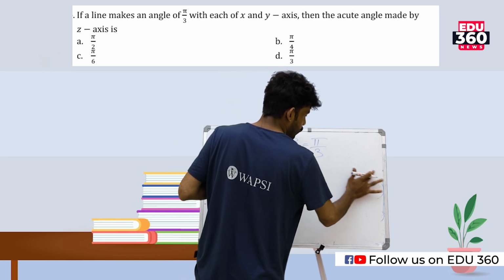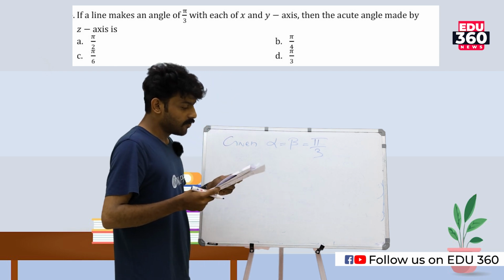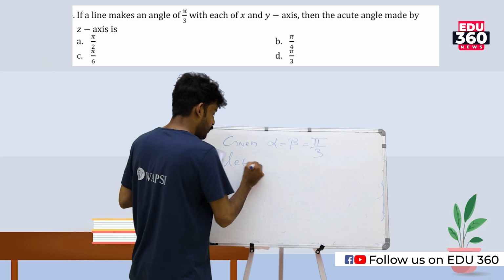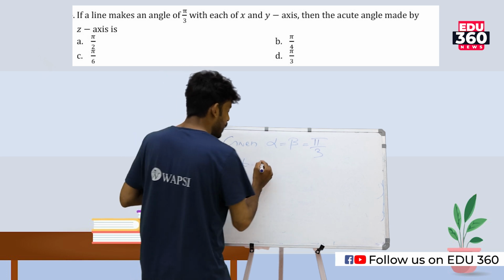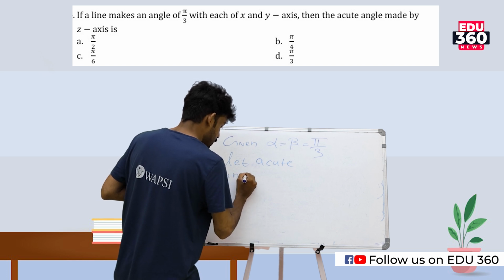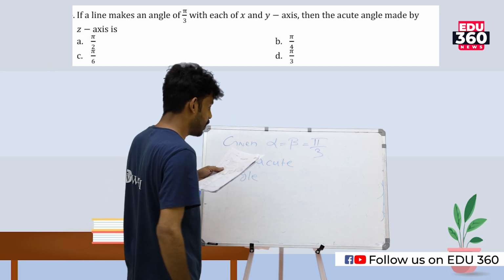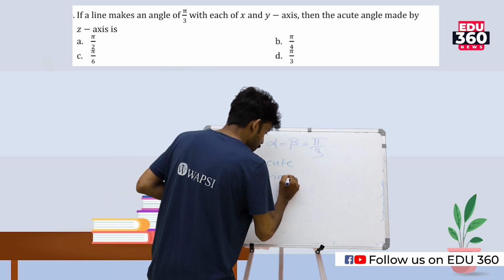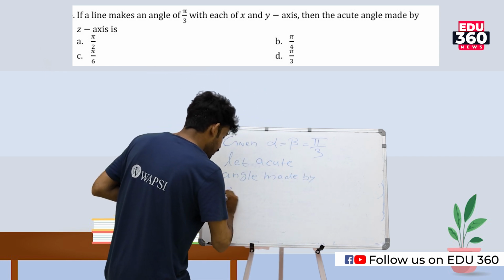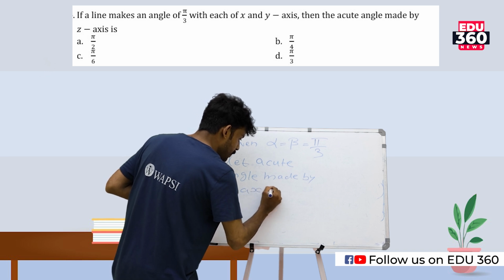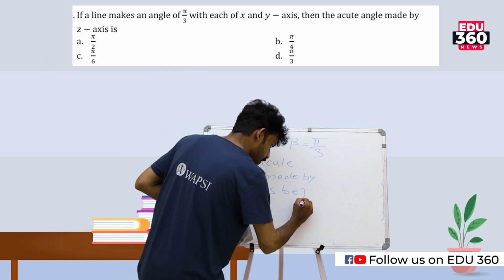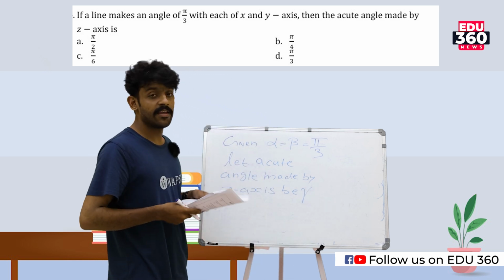In the next step, let the acute angle made by z axis be gamma.